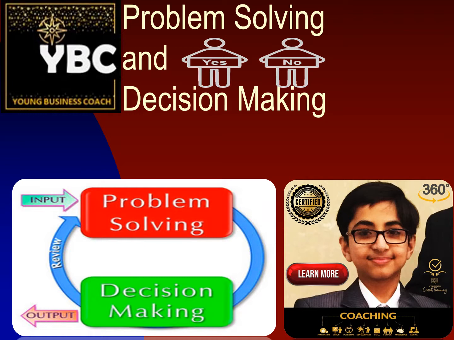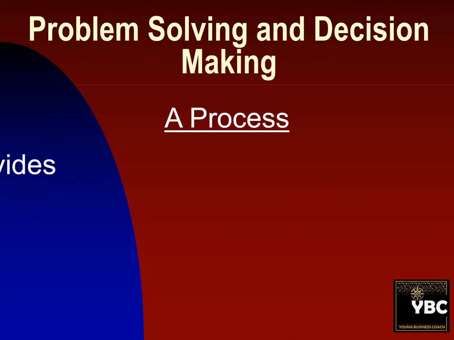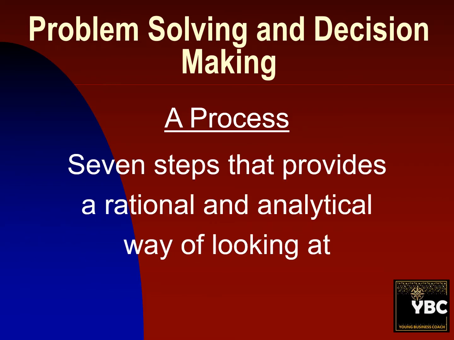In this topic, we are going to teach you about problem solving and decision making. So let's get on. Now, what is it? A process, 7 steps that provides a rational and analytical way of looking at decisions.